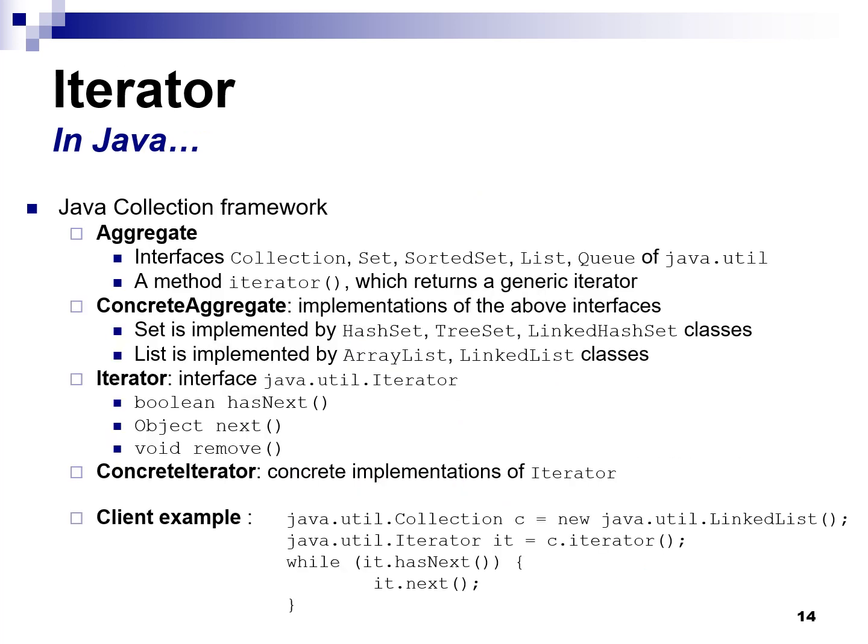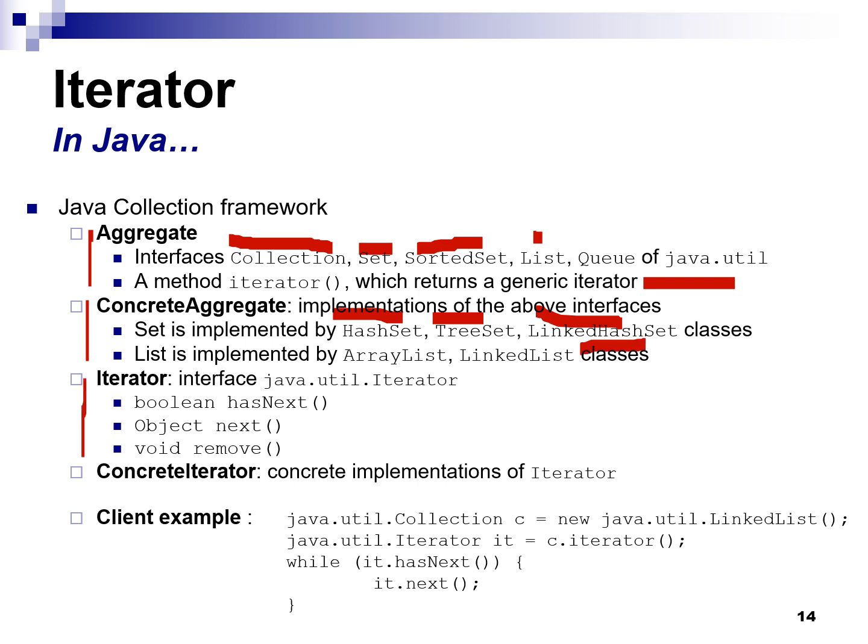Of course, this is all familiar to you because in Java there is a very nice implementation of the iterator pattern. As the aggregate, you have, for example, the interface for collections, sets, ordered sets, lists, and so on, where remember you have a method iterator that returns a generic iterator. Then you have concrete aggregates, for example, each implementation of those interfaces like HashSet, TreeSet, LinkedHashSet, and different types of lists.